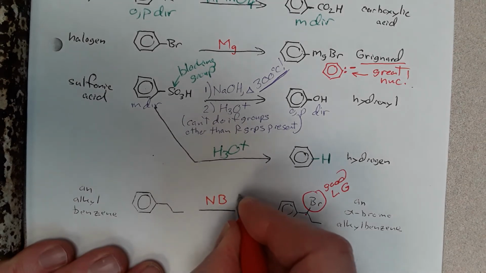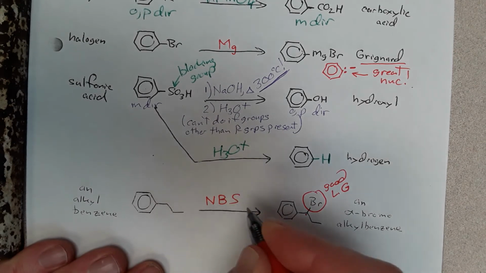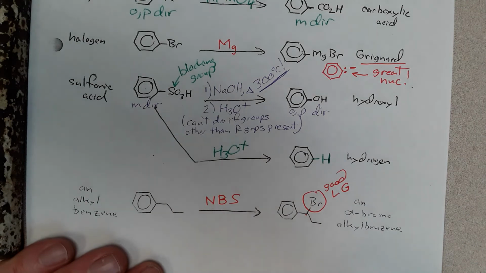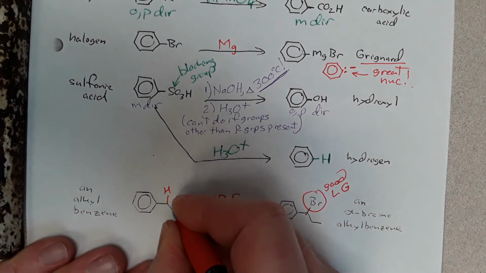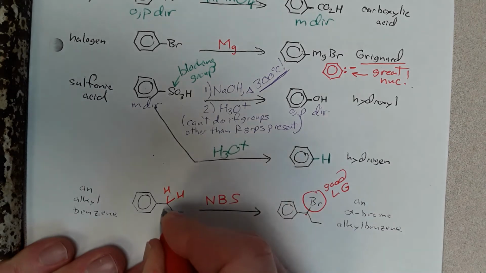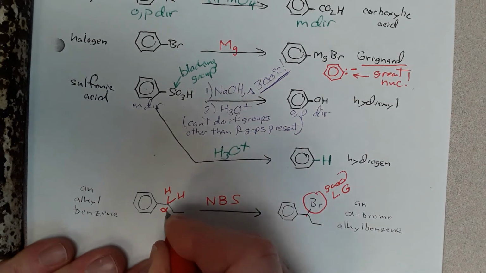NBS, N-bromosuccinimide, and you are familiar with that from allylic bromination from last semester. But what it does is it replaces one of the hydrogens in the alpha position next to the benzene ring.